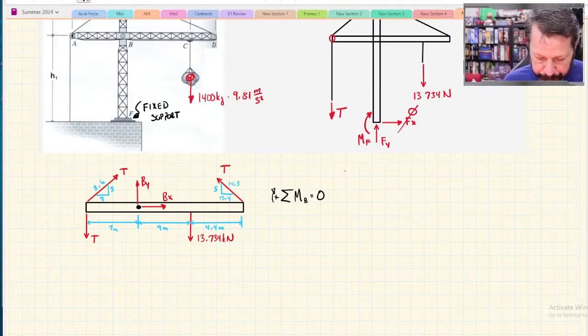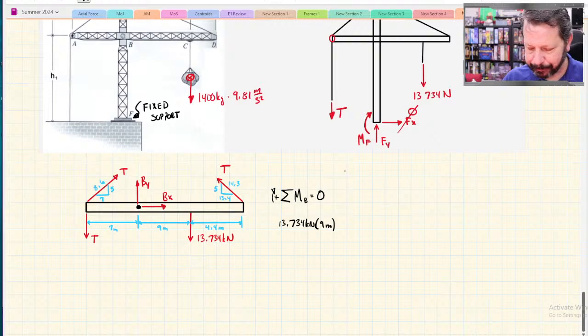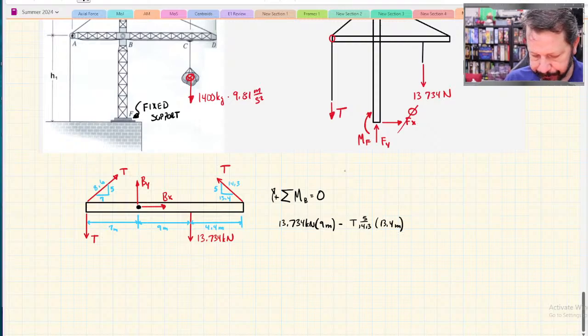All right. So let's start with the rock. 13.734 kilonewtons with a 9 meter moment arm minus the y component of t on the right hand side. So t, the y component would be 5 over 14.3. It has a moment arm of 13.4 meters.